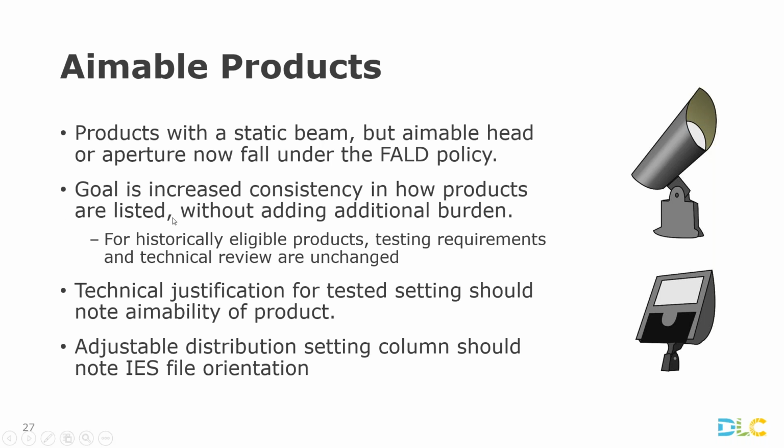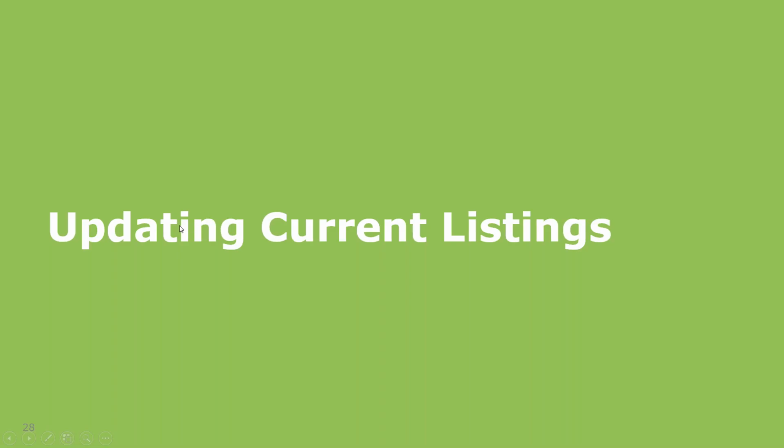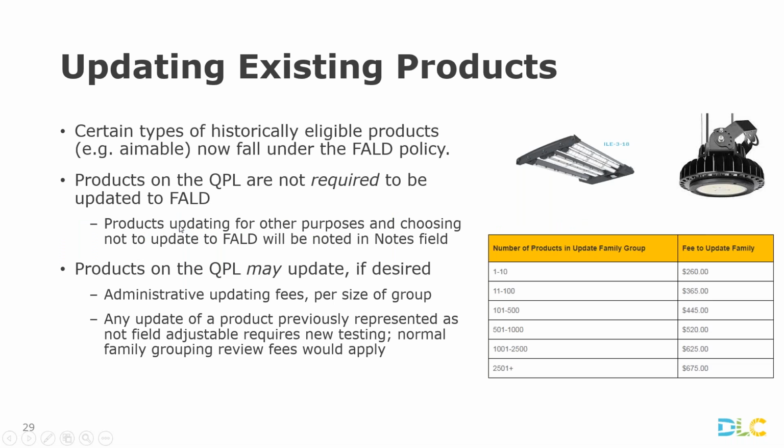All right, so moving to the next slide, the last section here is the provisions around updating. So most notably with the aimable products that we just talked about, but in edge cases on certain other historical interpretations and decisions that DLC had made, there were certain types of products which historically had been eligible, which are now folded under the FALD policy.